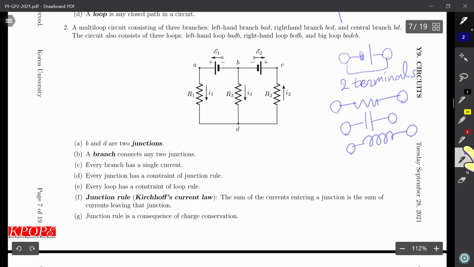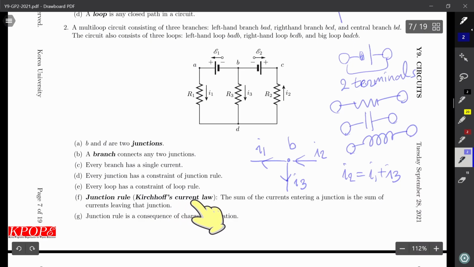So for example at B, I1 is going out, I3 is going out, and I2 is coming in. Therefore, I2 equals I1 plus I3.